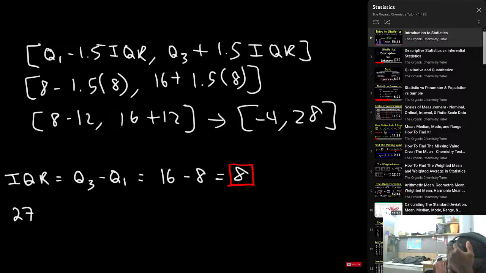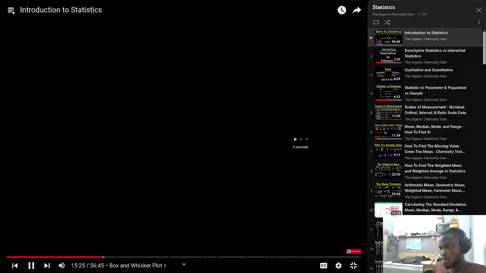So now looking at what we have, is 27 an outlier based on this range? Because 27 is between negative 4 and 28, 27 is not an outlier.